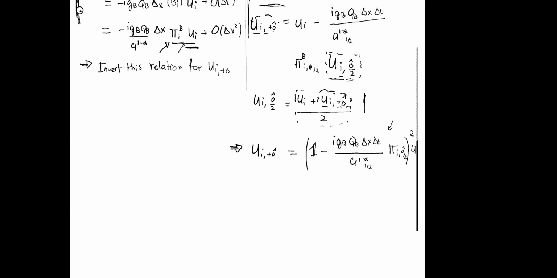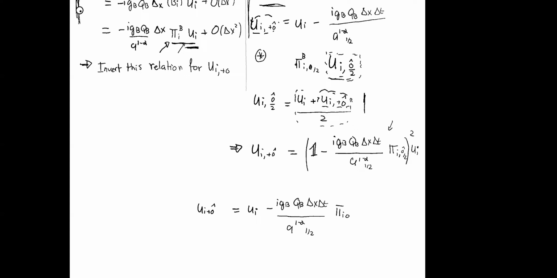You can write this equation star here as ui plus 0 is equal to ui minus I g b q b delta x delta t divided by a1 minus alpha a half, and then you have pi I 0 over 2, then you have a ui, this is not a problem, times ui divided by 2.